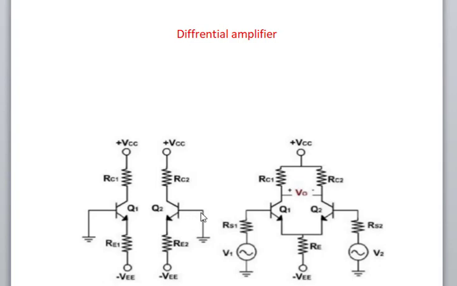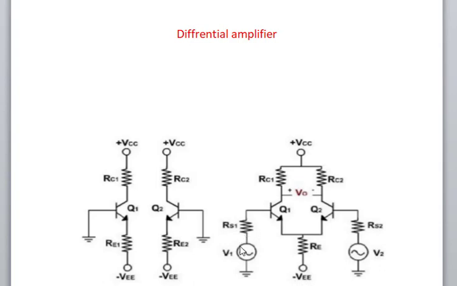The input is given here, and now it is grounded. The two amplifiers are coupled here. The RC1 and RC2 are connected and the common positive VCC is applied here. And the emitters RE1 and RE2 are combinedly called RE. And the biasing voltage given to this is minus VEE.